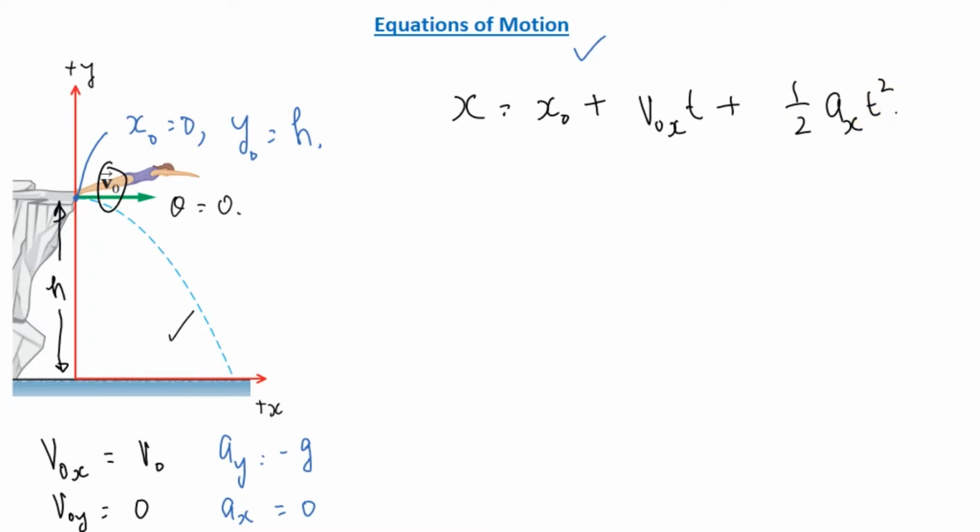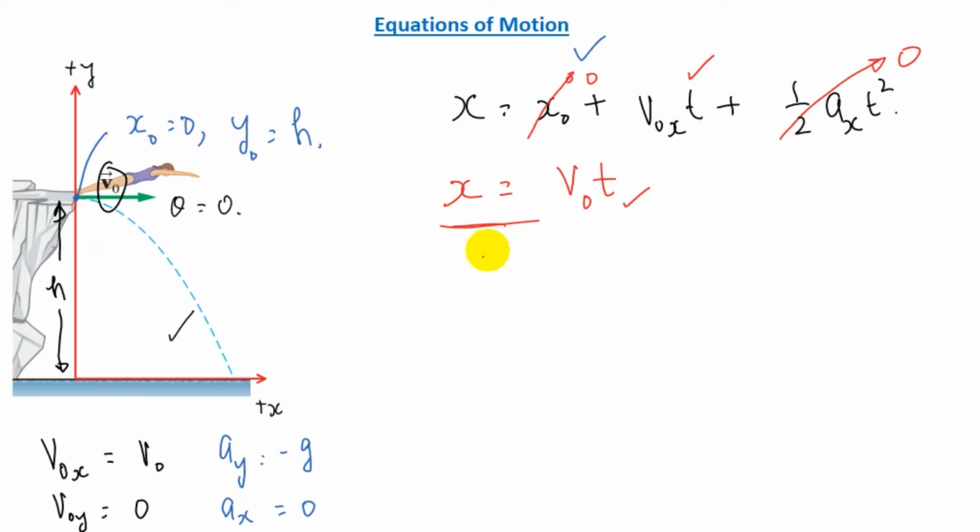Now x0 is 0 here, so from here we'll get x equals v0x, which is v0, times t plus, now acceleration in the x direction is also 0, so this will also be 0. So this is the first equation of motion that we have got. At time t the position of the projectile in the x direction is given by this equation.